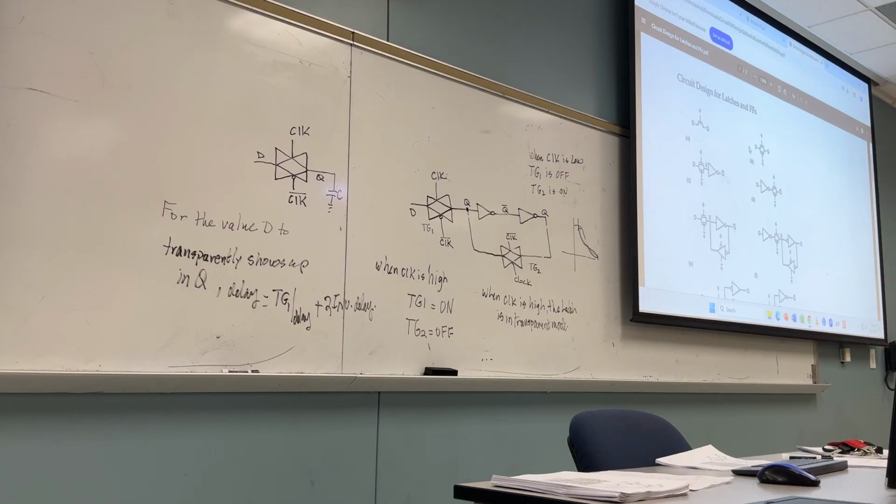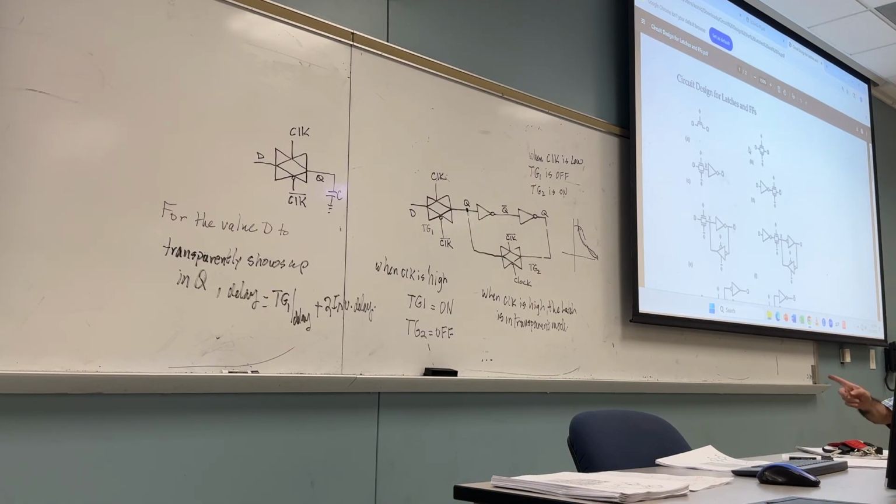Who should win? No, don't tell me I don't care. Well, who should win? The D should win. The TG1 should win. Did you get it or not? Which means we need to choose the W over L carefully for the feedback and the feed forward.